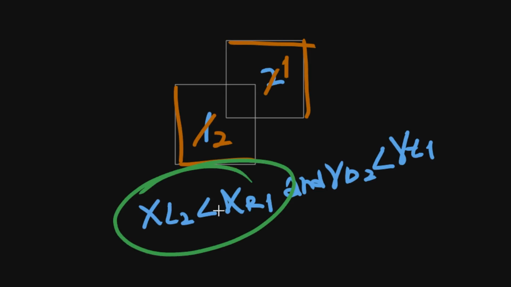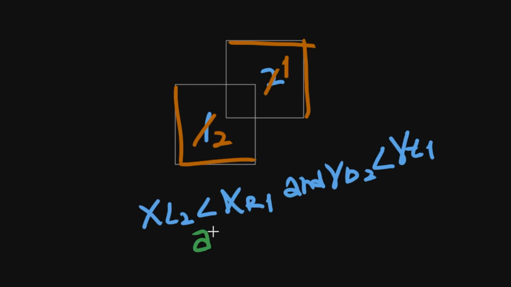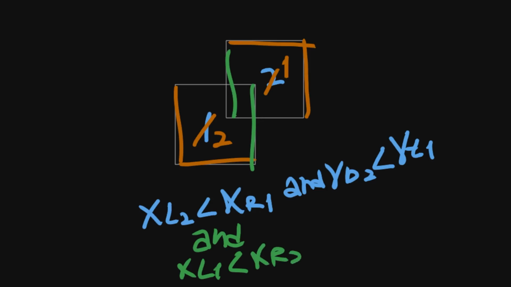Regarding the x-axis, we need to check this, and if the left bound of shape number 1, meaning XL1, is smaller than the right bound of shape number 2, meaning XR2.